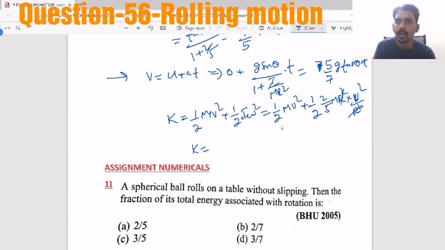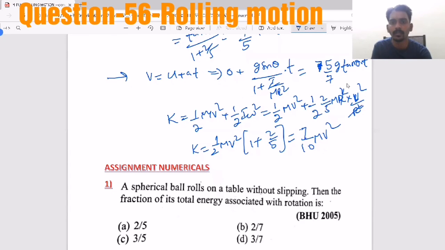So K equal to half m v square, taking common, 1 plus 2 by 5, so it will become 7 by 5. So 7 by 10 m v square. If you substitute the v value, 5 by 7 g sin theta into t, then we will get the total kinetic energy. If they give theta and t values also, you can substitute and do it.